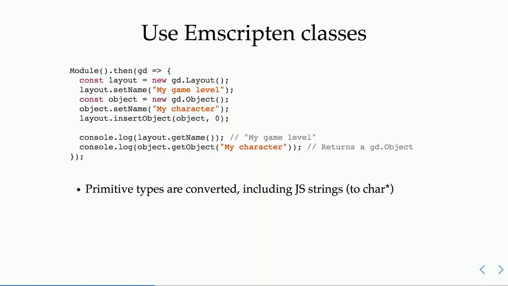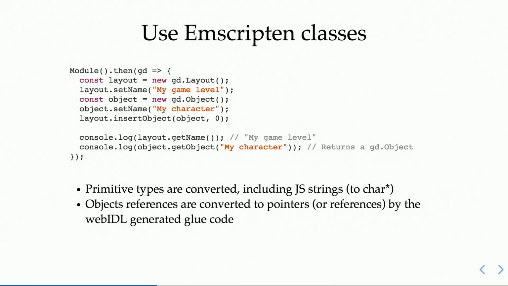First thing is that primitive types are converted, so doubles, numbers, strings. All of this you can reuse without conversions. Object references are converted to pointers in C++ or references. So again, it's okay for most code bases. It's a bit of a pain if you're using smart pointers in C++.